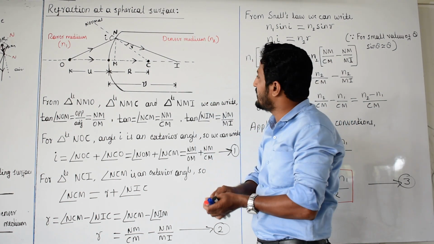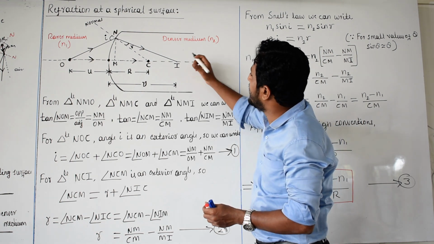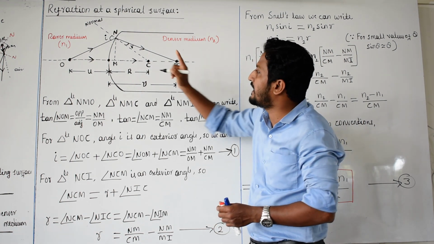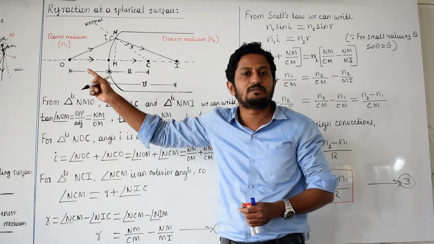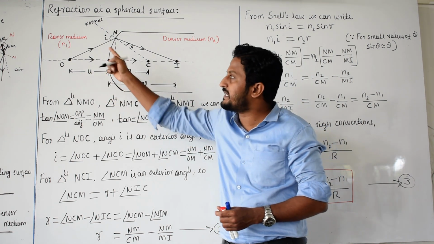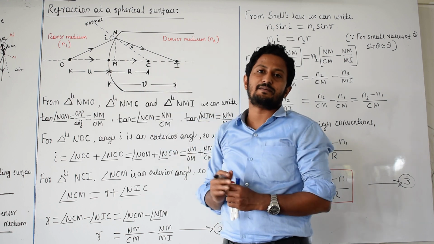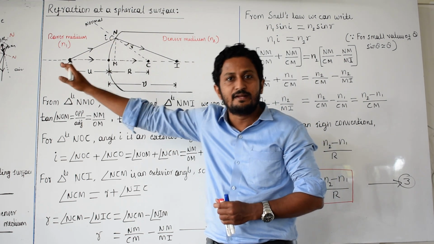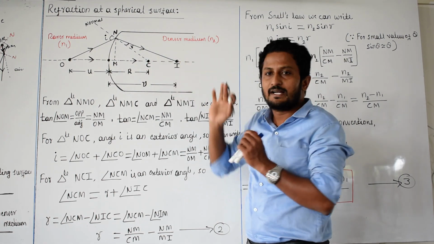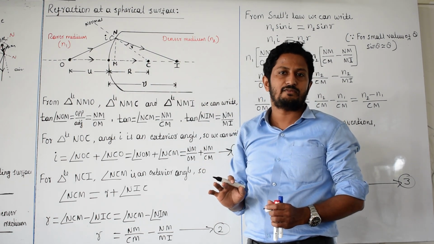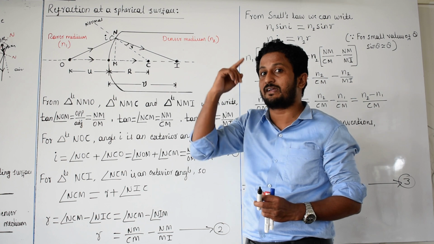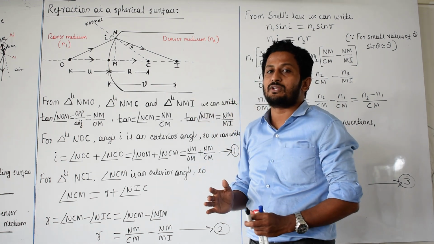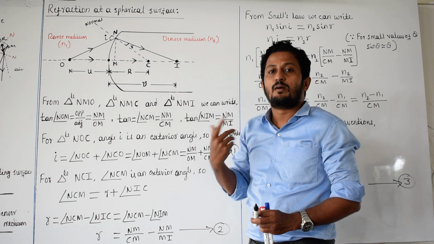Now here at this point I, there is an image of that object O which is placed in rarer medium. Object placed in rarer medium and image we got in denser medium. Have you understood? It's very important. Later, after completing the derivation, I will tell you why I said this.